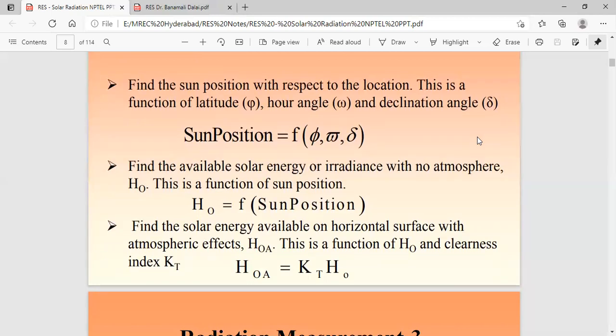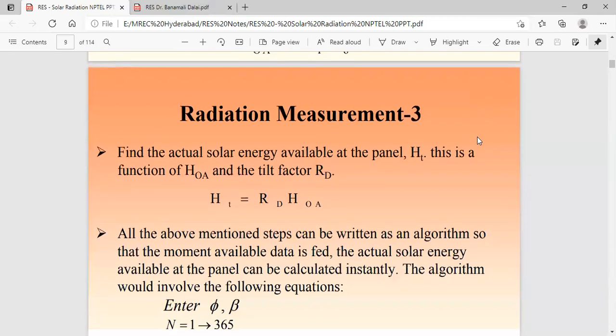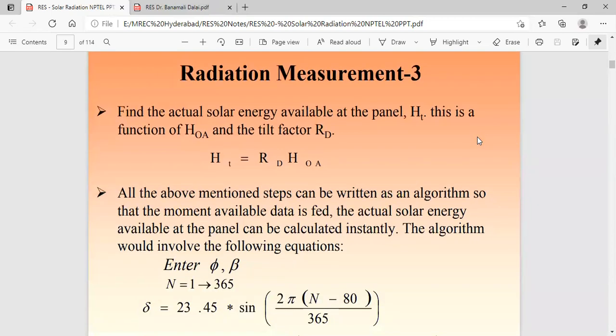Next, find the solar energy available on a horizontal surface with atmospheric effects, HOA. This is a function of H naught and the clearness index KT. Then HOA is equal to KT into H naught. Next, find the actual solar energy available at the panel, HT.